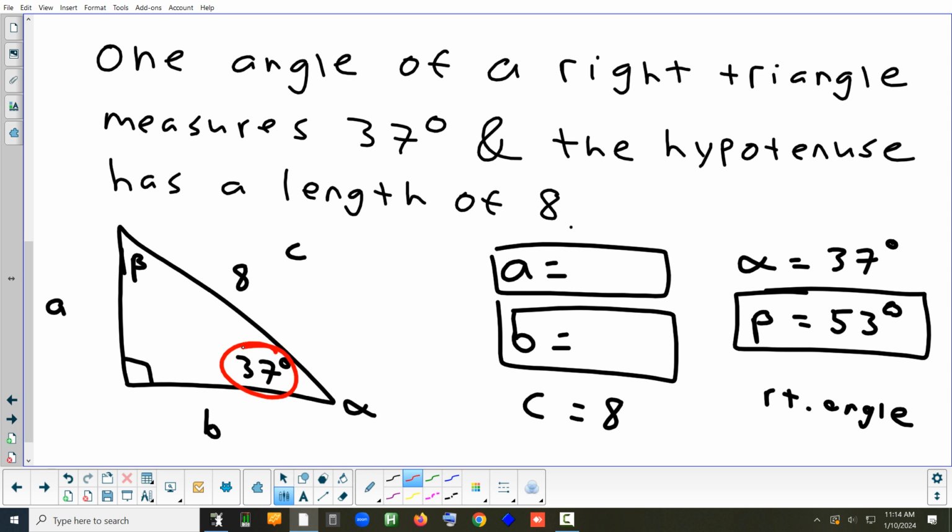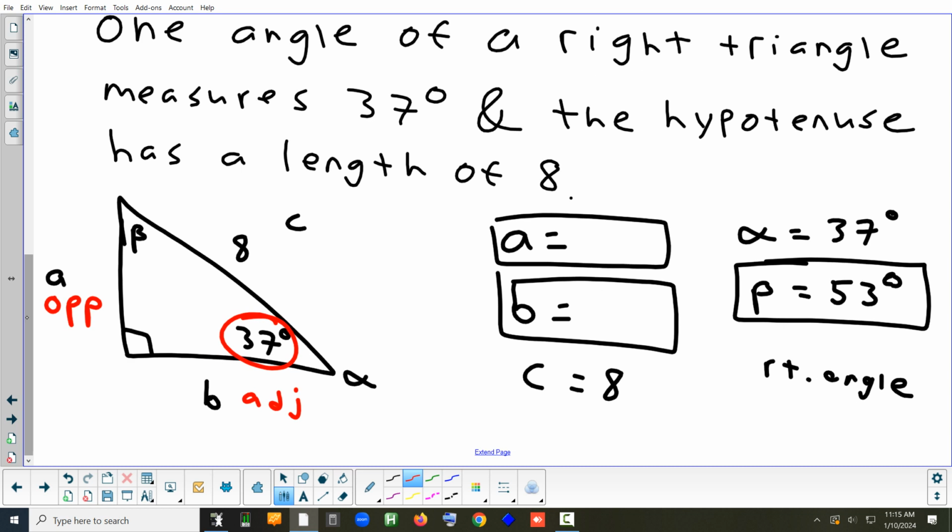So from the perspective of the 37, what is the position of side A? Opposite. What's the position of side B? Adjacent. Now, depending on what we want to find, we have names. Let's find A first. So in that case, that would be the sine of 37 equals A over 8.